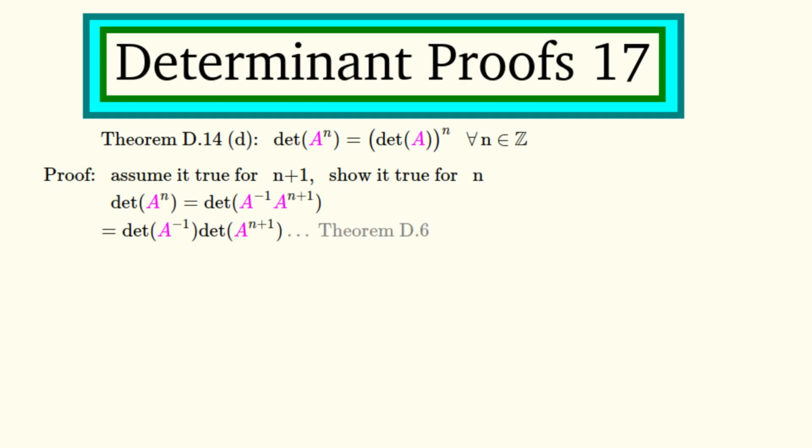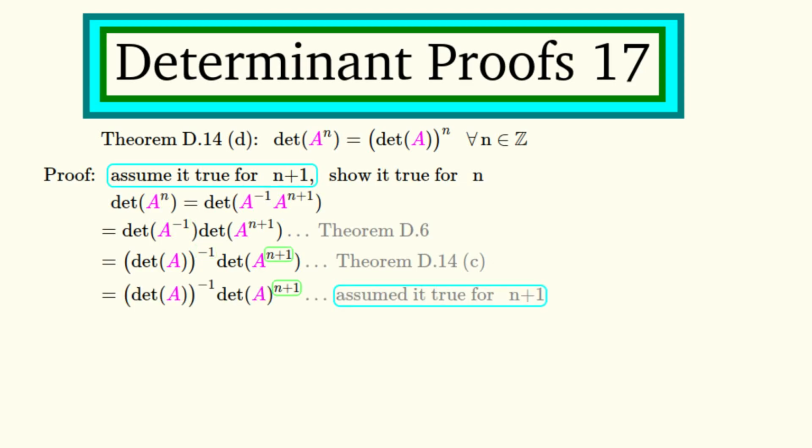Then we can split it up into the product of two determinants like this. We can use part C of this theorem to move the minus 1 outside the determinant. We can move the n plus 1 outside the determinant because we've assumed it true for n plus 1. Then we can add these exponents using the rules of exponents.